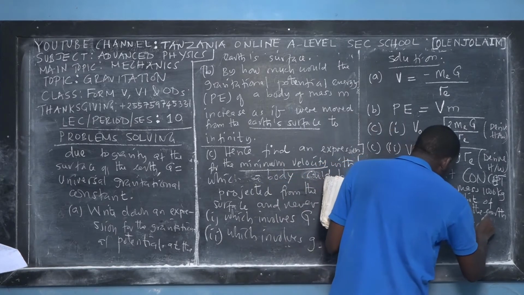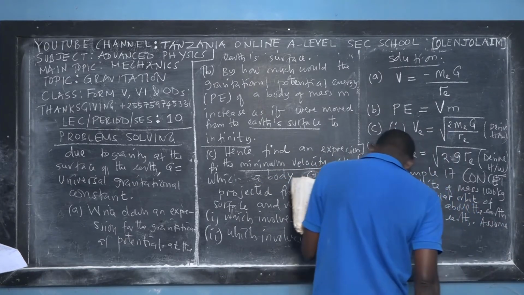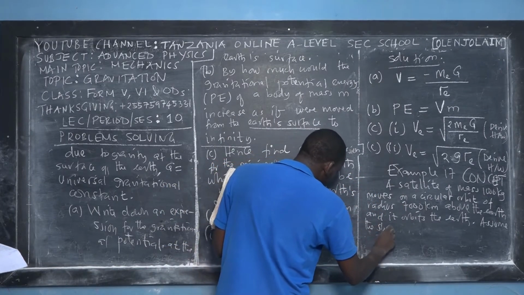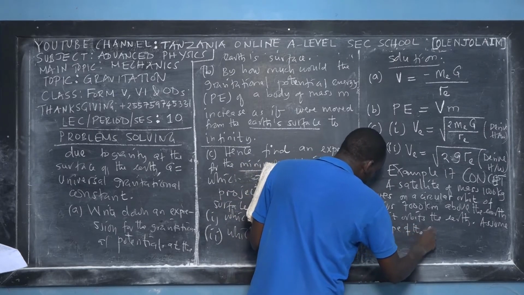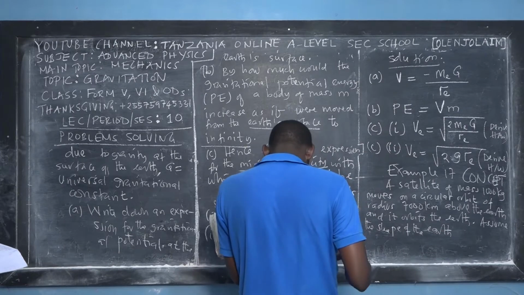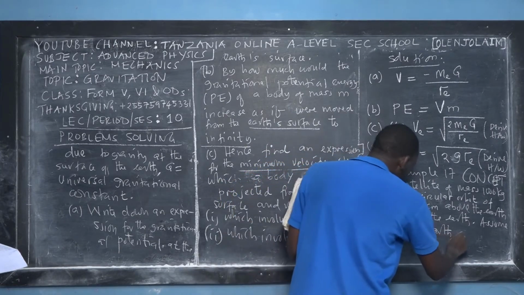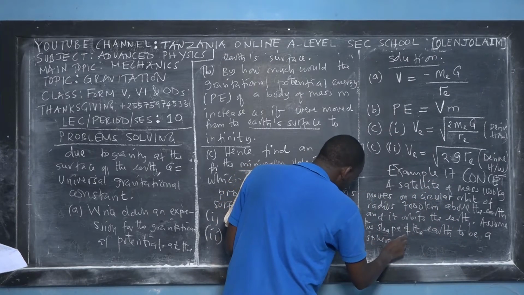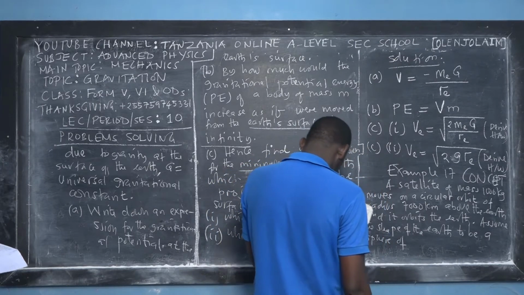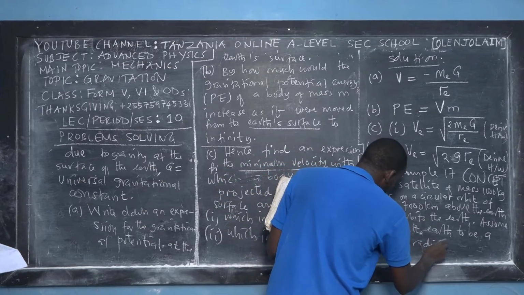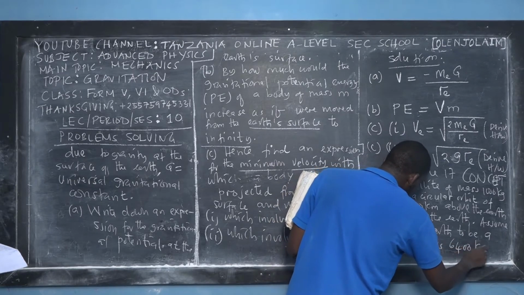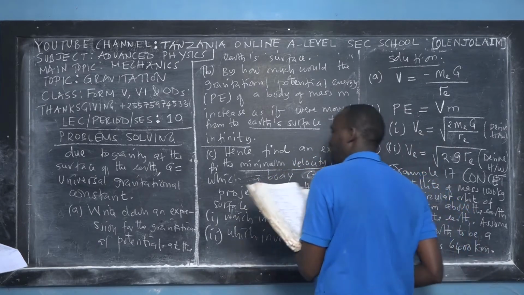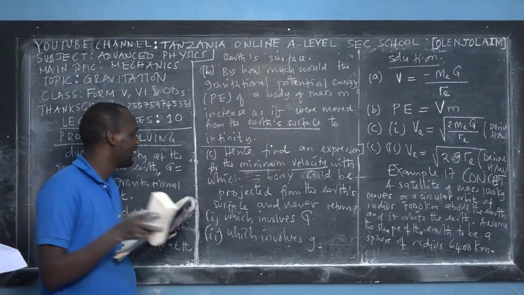Assume the shape of the Earth to be a sphere of radius 6,400 kilometers. Now calculate the total energy.